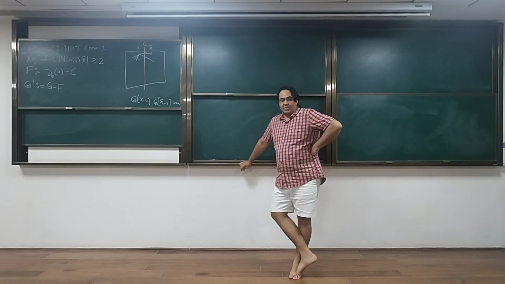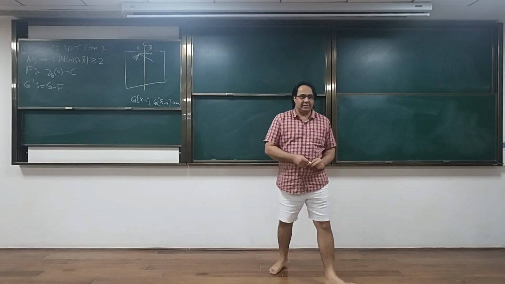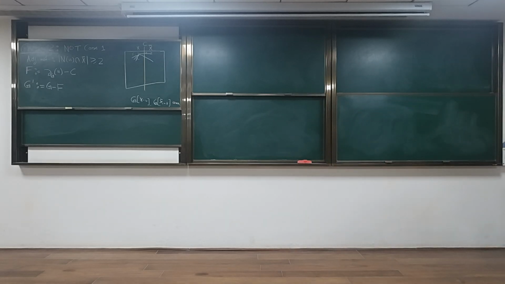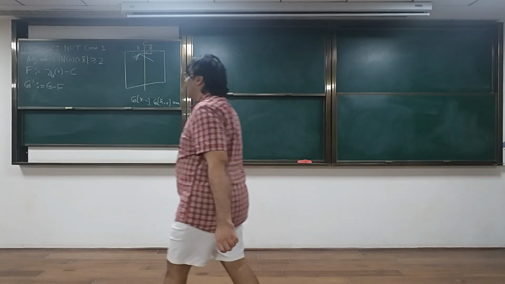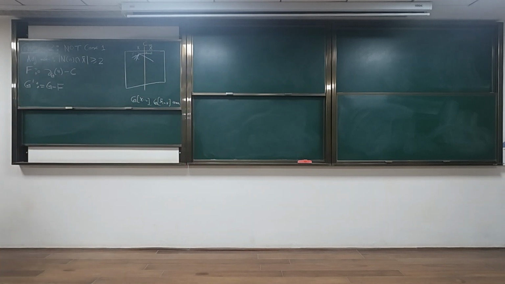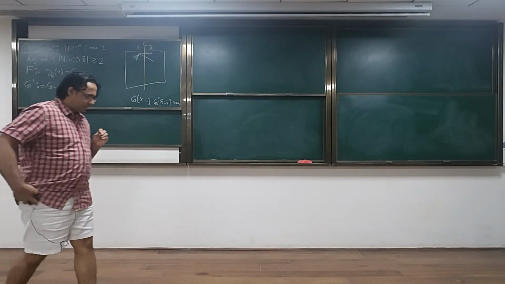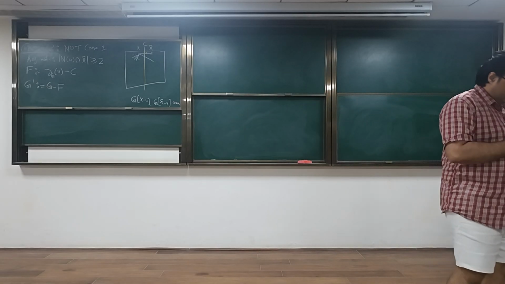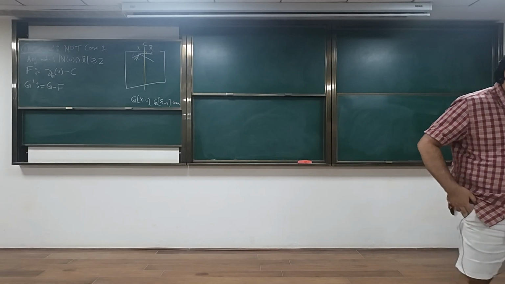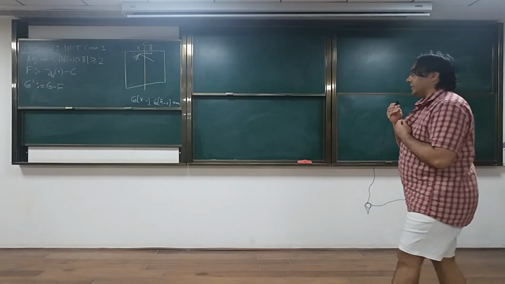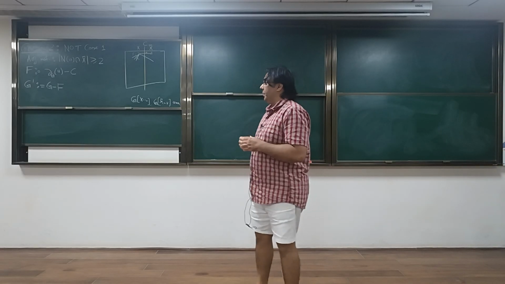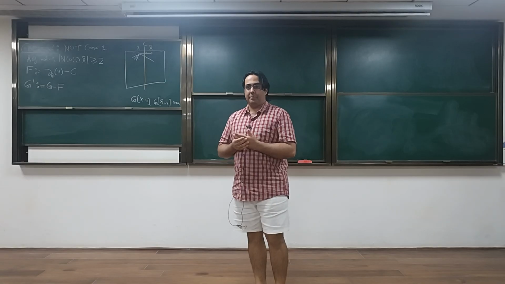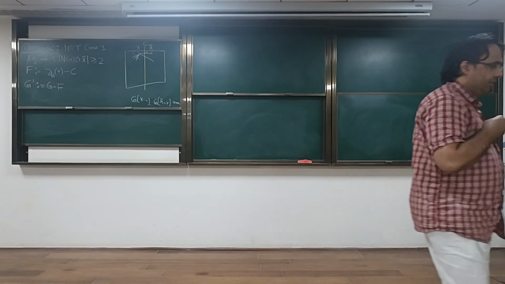So, can you come up with an even cut in G prime that satisfies the hypothesis of lemma 5.5?